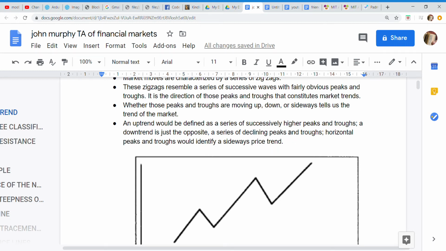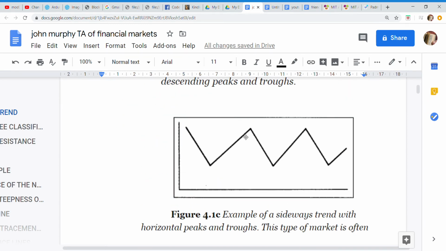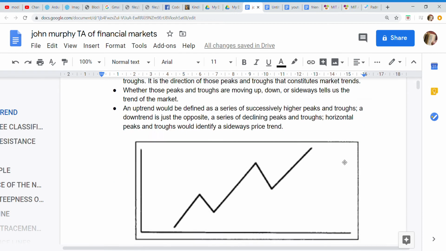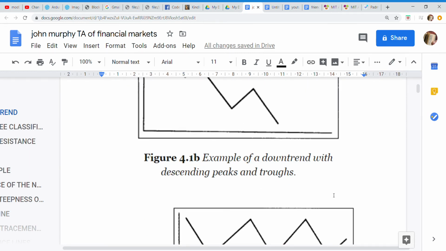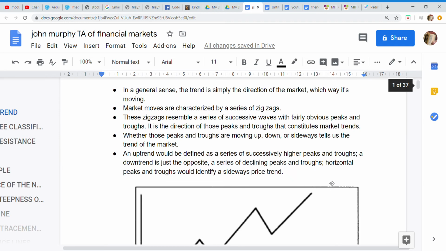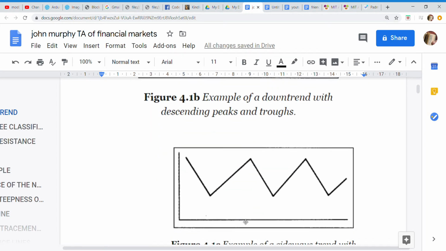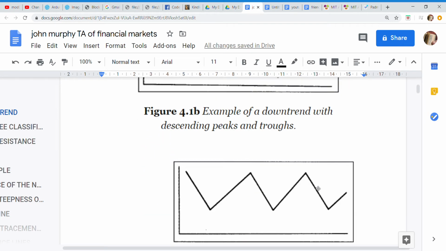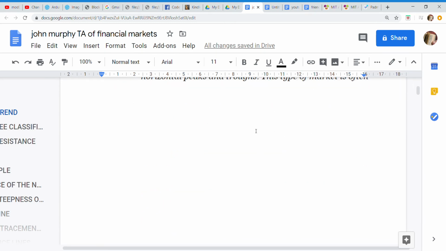A series of declining peaks and troughs is a downtrend, and horizontal peaks and troughs identify a sideways price trend. These are three diagrams for uptrend, downtrend and sideways trend.